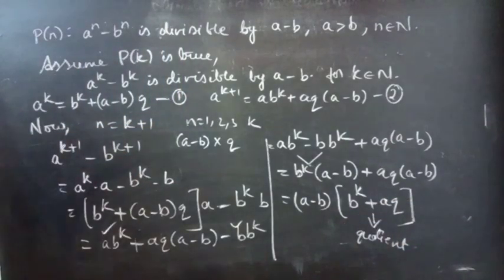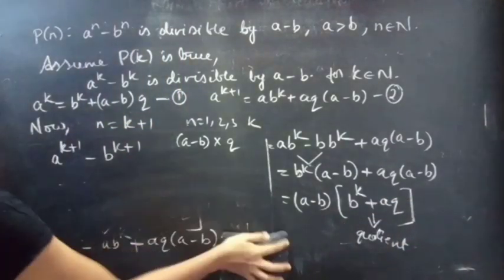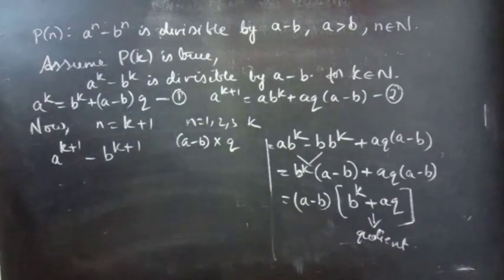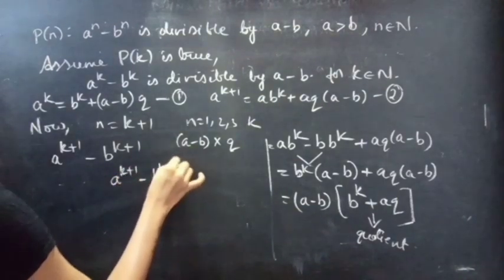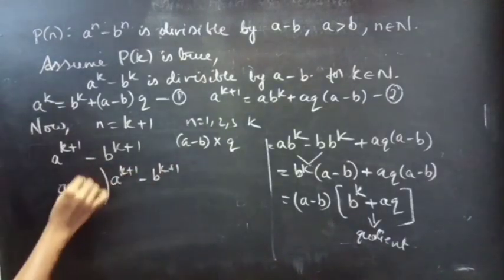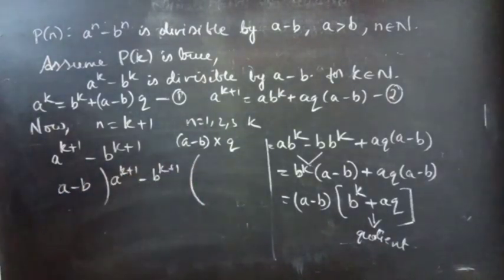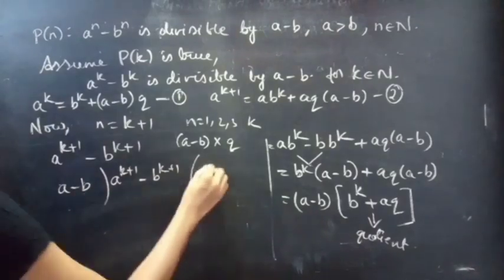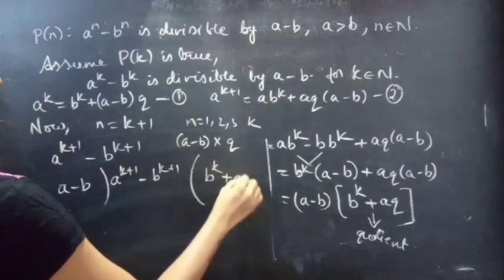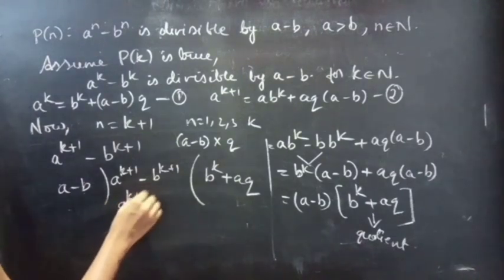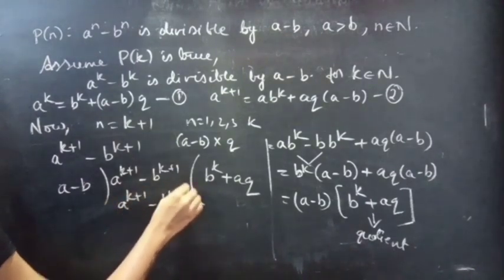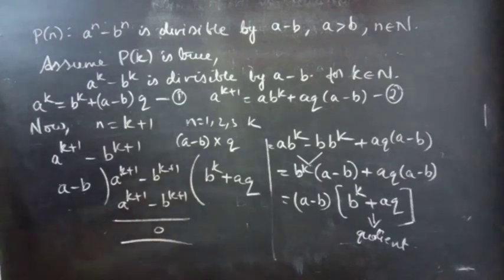If it is divisible by a minus b, then a minus b into b power k plus aq gives a power k plus 1 minus b power k plus 1, right? With remainder 0.